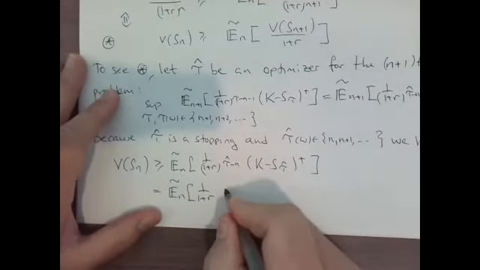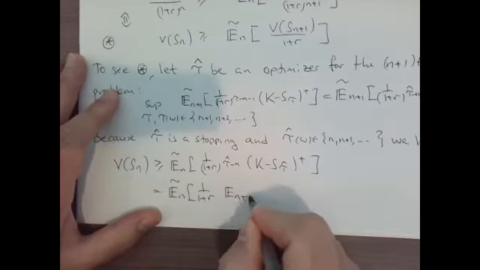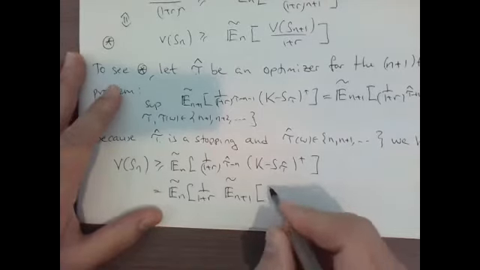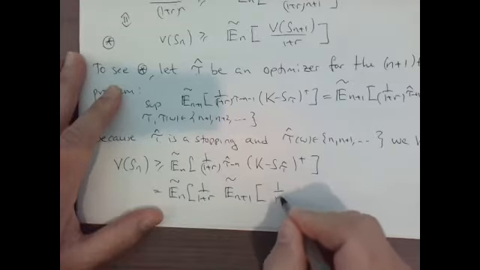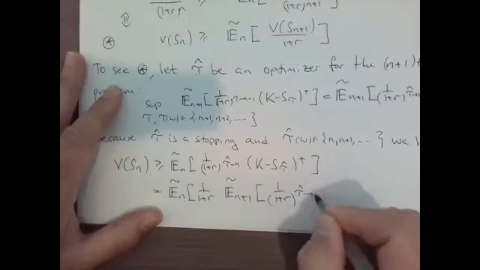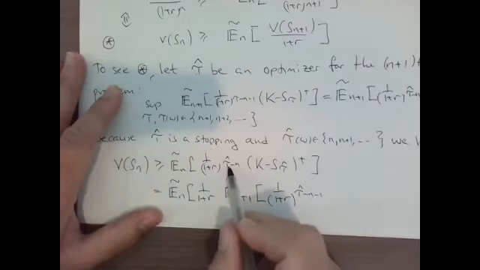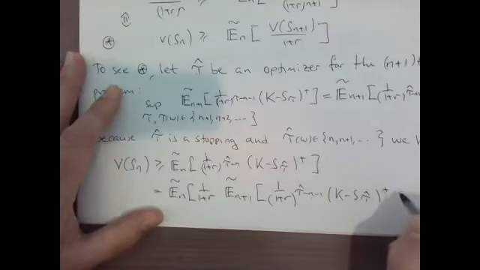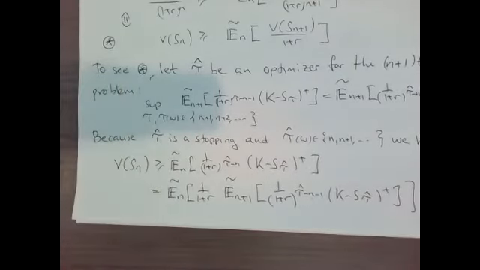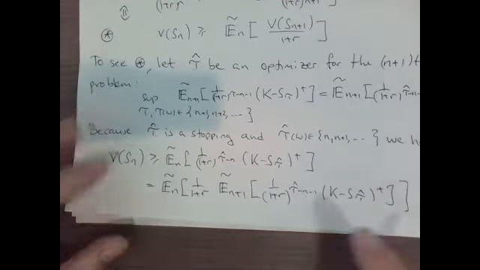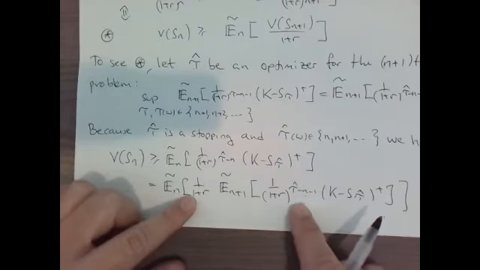Then I want to use conditional expectation, the iterated part, so I can plug in a conditional expectation at a later point. And then I have 1 over 1 plus R to the tau hat minus n minus 1. These will cancel out, so I get back to this one. And then I have K minus S tau hat, positive part. So here I used iterated expectations, and I just multiplied and divided by the same quantity.